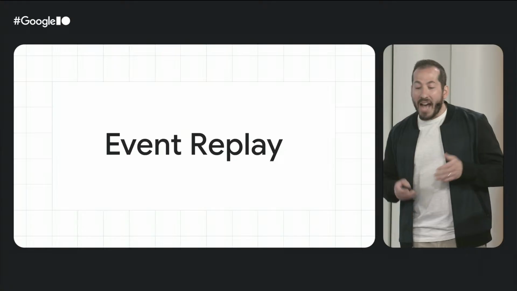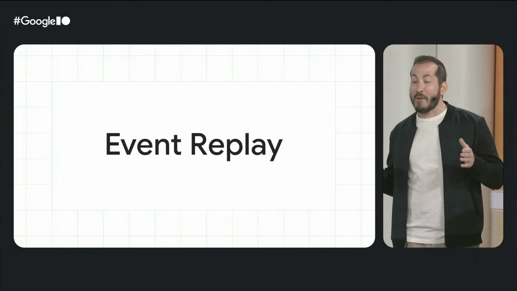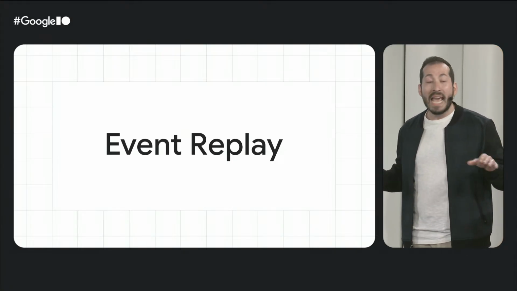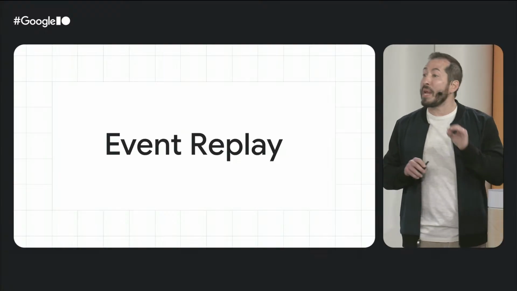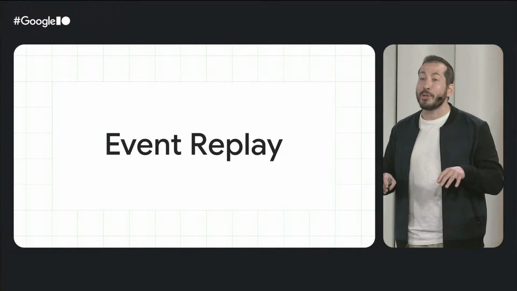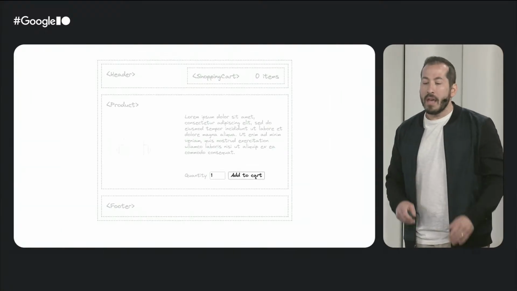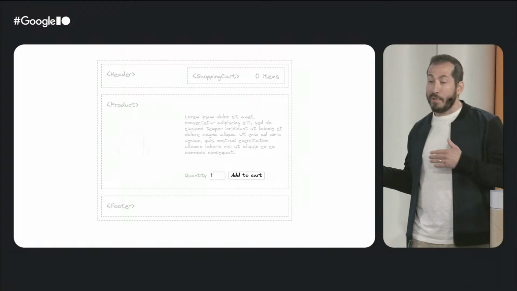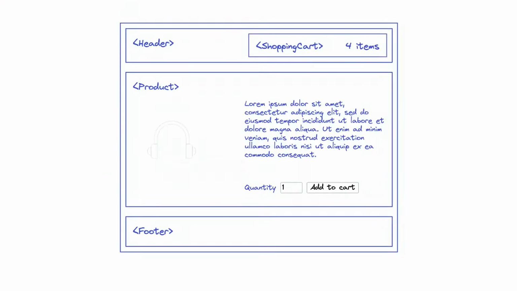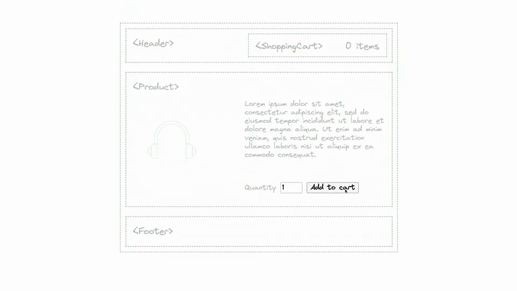A common problem in server-side rendered apps in any framework is the gap that occurs between a user event and the browser downloading and executing the code to actually handle that event. This visual demonstrates event replay in action. So when the browser renders the app for the first time, it hasn't yet downloaded the JavaScript.